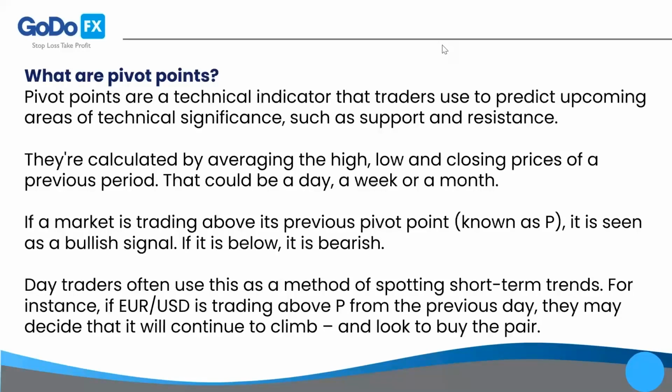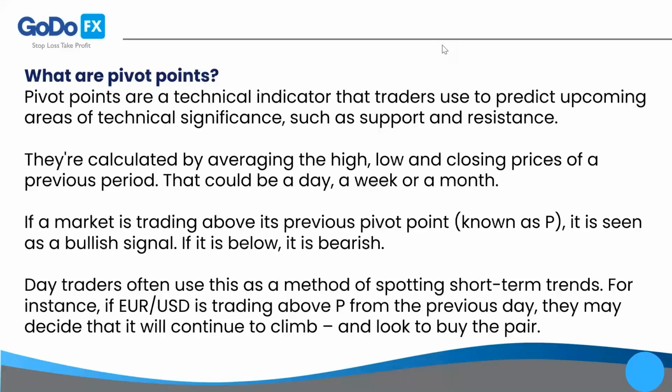And the resistance is the minimal. They're calculated by averaging the high, low, and closing prices of a previous period. That could be a day, a week, or a month. So it's going to be daily, weekly, or monthly.